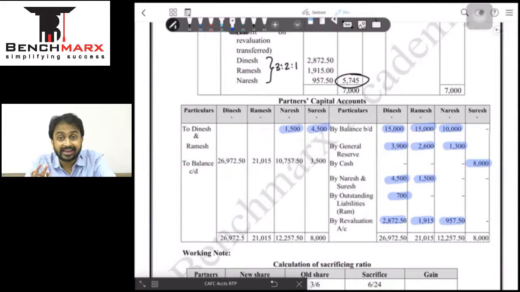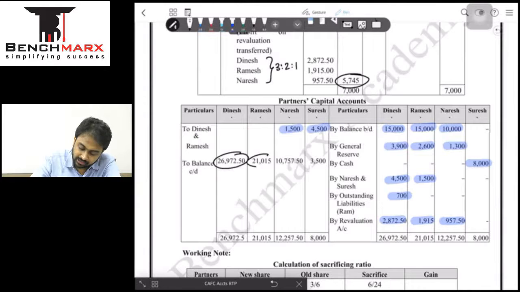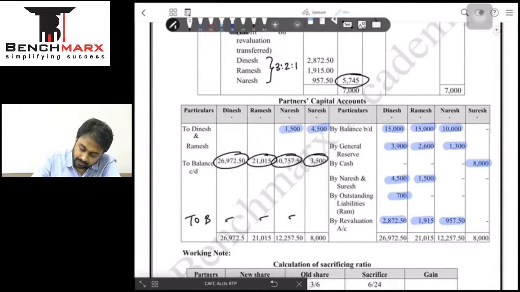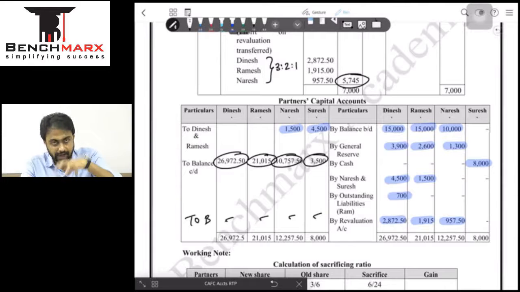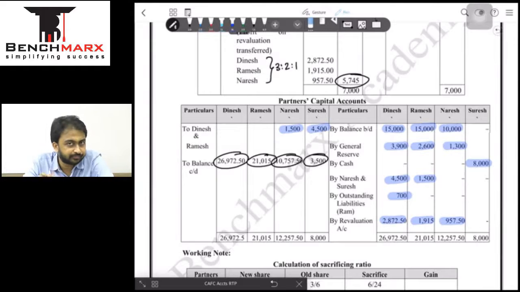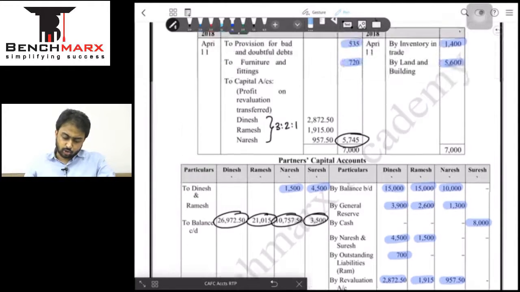There is no capital adjustment, so whatever balancing figures come will go in the balance sheet as closing capitals. Otherwise, we would have to balance carried down here, and the balancing figure would be either cash brought in to make the capitals proportionate, or withdrawal to make the capitals proportionate. That is not the case here, so no separate closing capital will come. This itself is the closing capital. Okay, that is the partners capital account. So the reval account is also done.